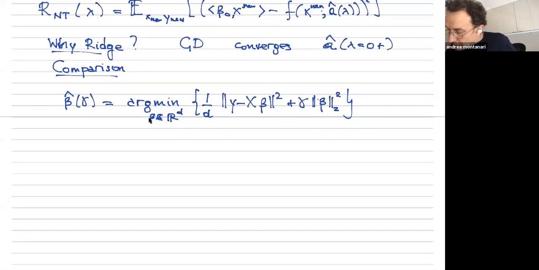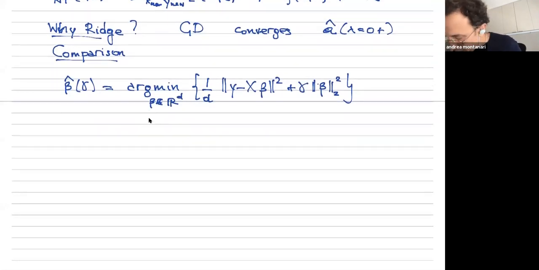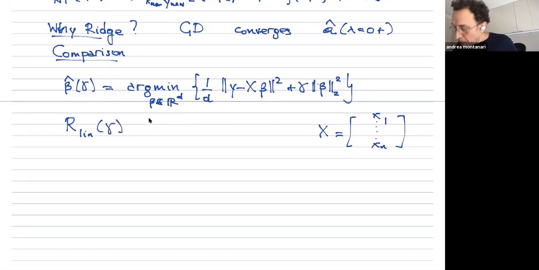Okay, and of course I can define X as just the n by d matrix with the rows x_i. And I can define, of course, the risk of linear ridge regression, let's call it, at gamma.